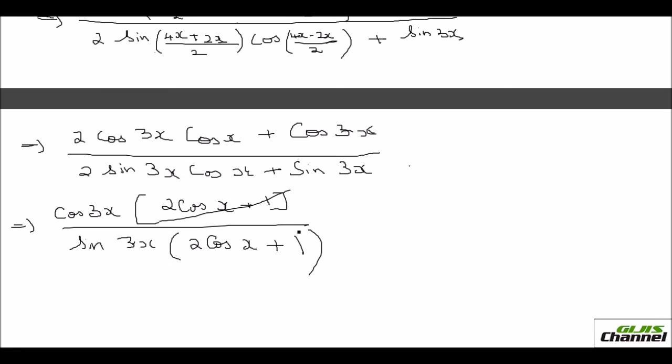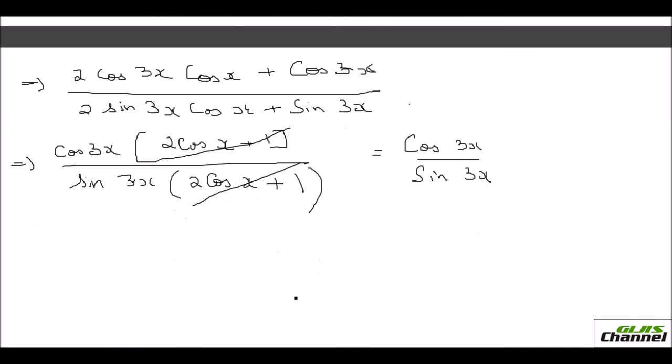So 2 cos x plus 1 would get cancelled. And you are left with cos 3x divided by sin 3x, which is nothing but cot 3x, which is equal to your RHS. So it is proved. Thank you.